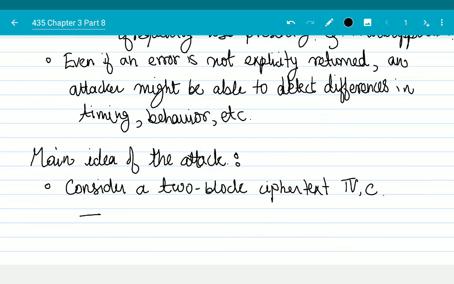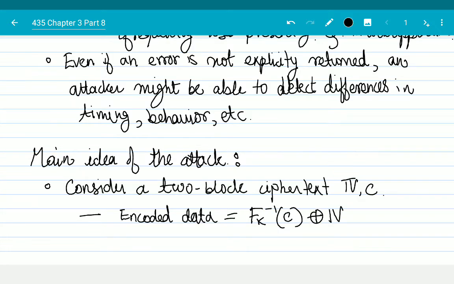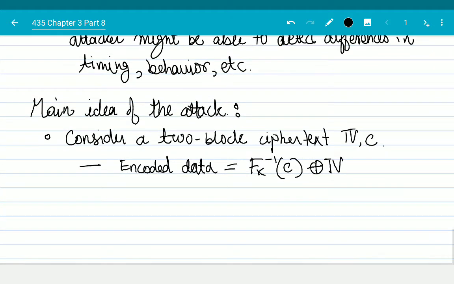So how do we get the encoded data? The decryption is the encoded data, which may or may not be equal to the message, and it is going to be fk inverse of C with the initialization vector, since I'm using CBC format.